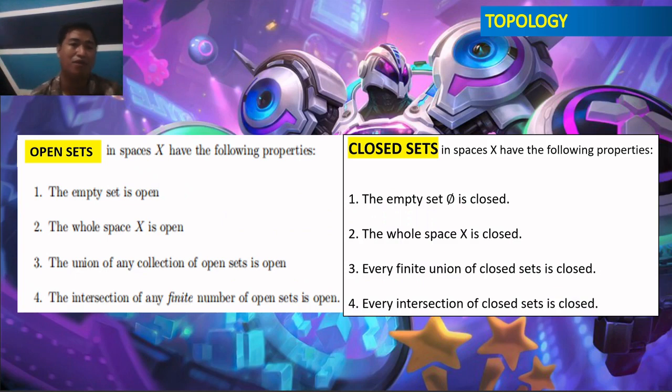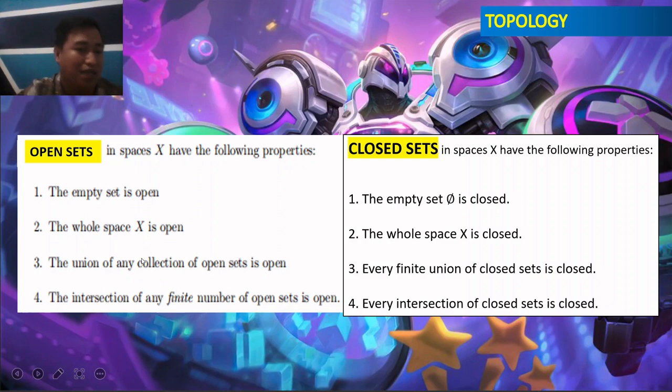Next, these are the properties of the open sets. Number 1, the empty set is open and the whole space X is open. I stated that in the previous class: the empty set and X are open sets, members of tau, right? Number 3, the union of any collection of open sets is open.